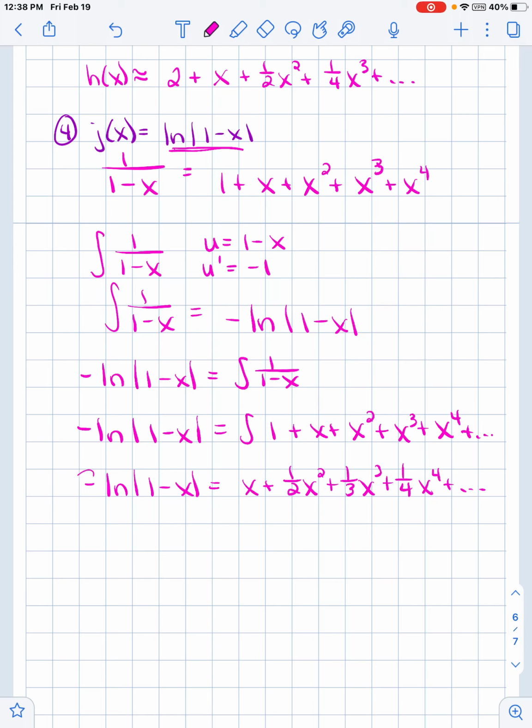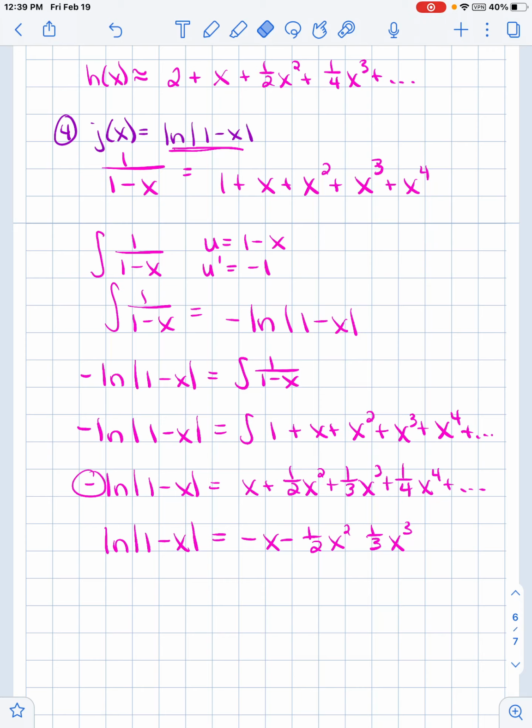And then in order to actually find the natural log of 1 minus x, I'm going to multiply both sides by a negative to make this a positive natural log of 1 minus x. That's what we originally started with. Here we go. Oops, those should have been minuses.